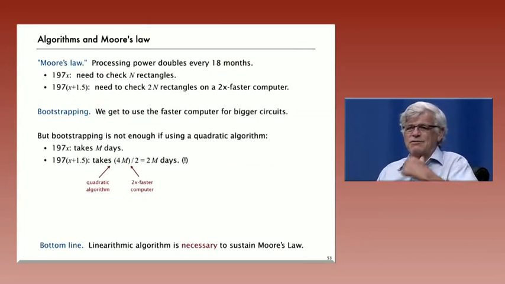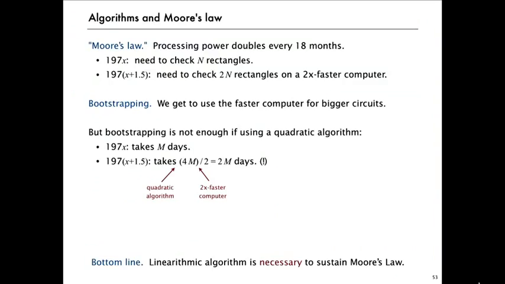And it's an example of Moore's law. So as we built a faster computer, say in 1970X, we needed to check n rectangles. But now, maybe a year and a half later, you have a computer that's 2 times faster, but you also want to build a bigger computer so you have twice as many rectangles to check. So you have 2n rectangles to check now, and your computer's twice as fast.